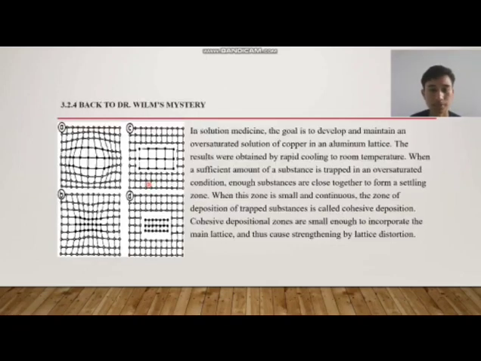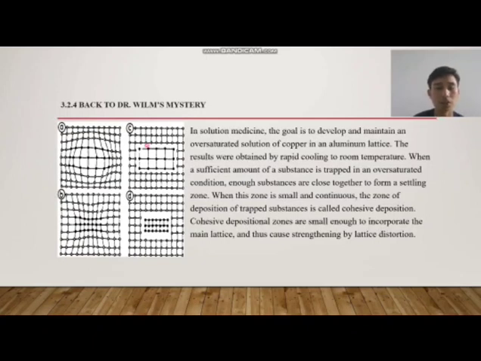Next, 3.4 back to Dr. Wilm's mystery. In solution treatment, the goal is to develop and maintain an oversaturated solution of copper in an aluminum lattice. The result is obtained by rapid cooling to room temperature. When a sufficient amount of a substance is trapped in an oversaturated condition, enough atoms are close together to form a precipitation zone.